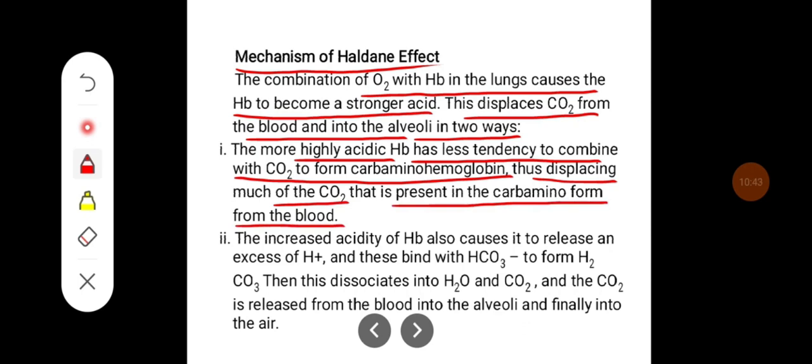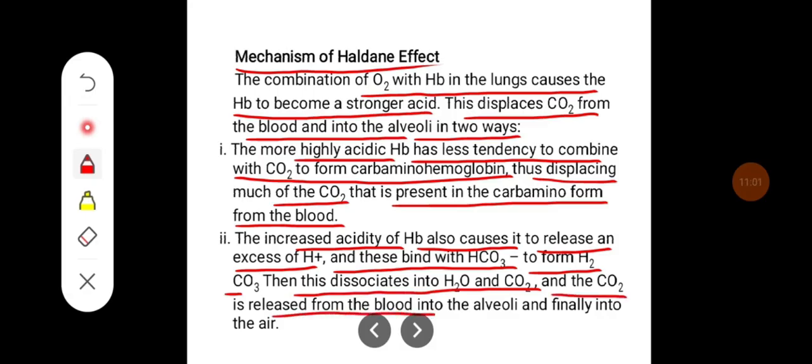The second is that increased acidity of hemoglobin also causes it to release an excess of H plus ions, and this binds with bicarbonate to form carbonic acid. Then this dissociates into water and carbon dioxide. Then the carbon dioxide is released from the blood into the alveoli.